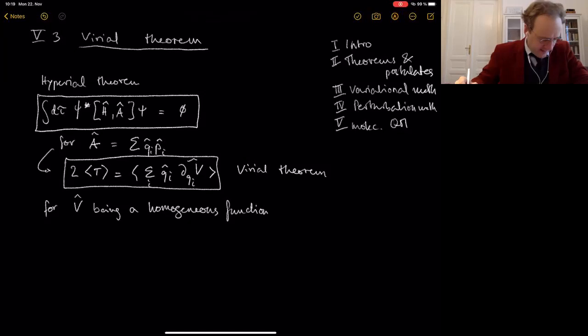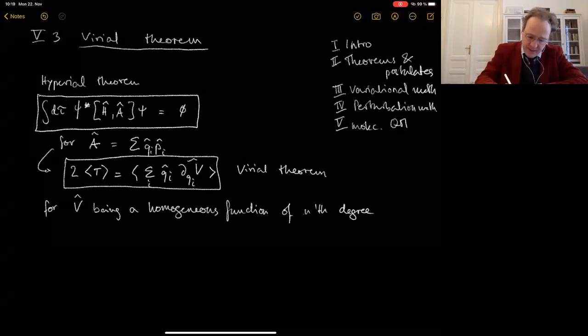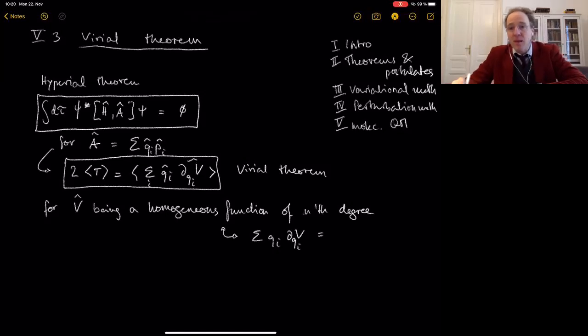So if that's the case, a homogeneous function of nth degree, you can equate the sum over the derivatives multiplied with a variable by the degree times the original function. Okay, and this is Euler's theorem.